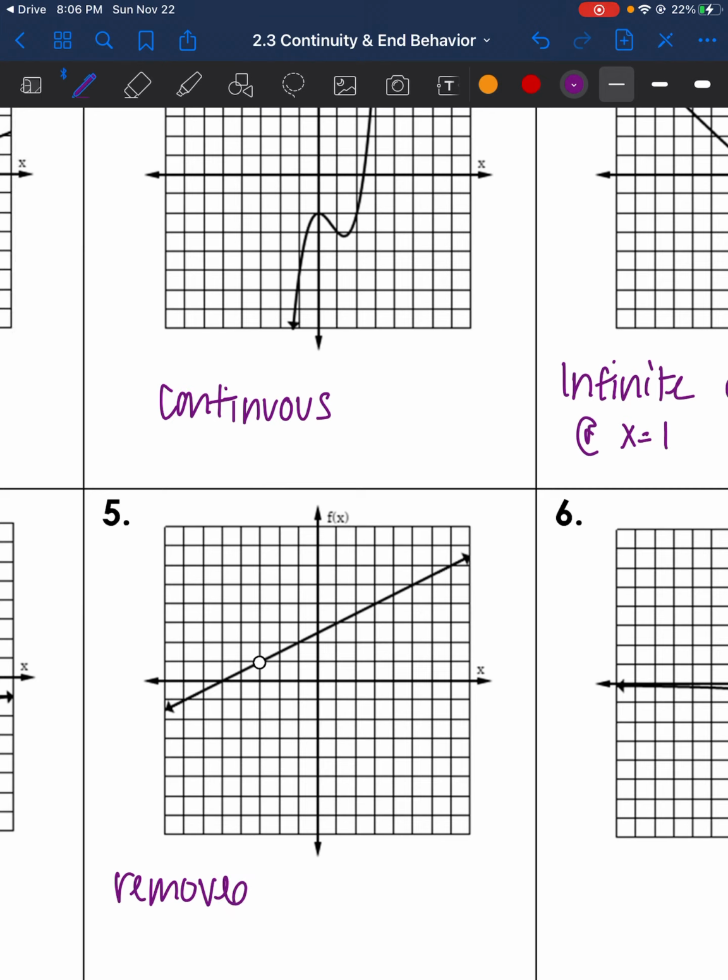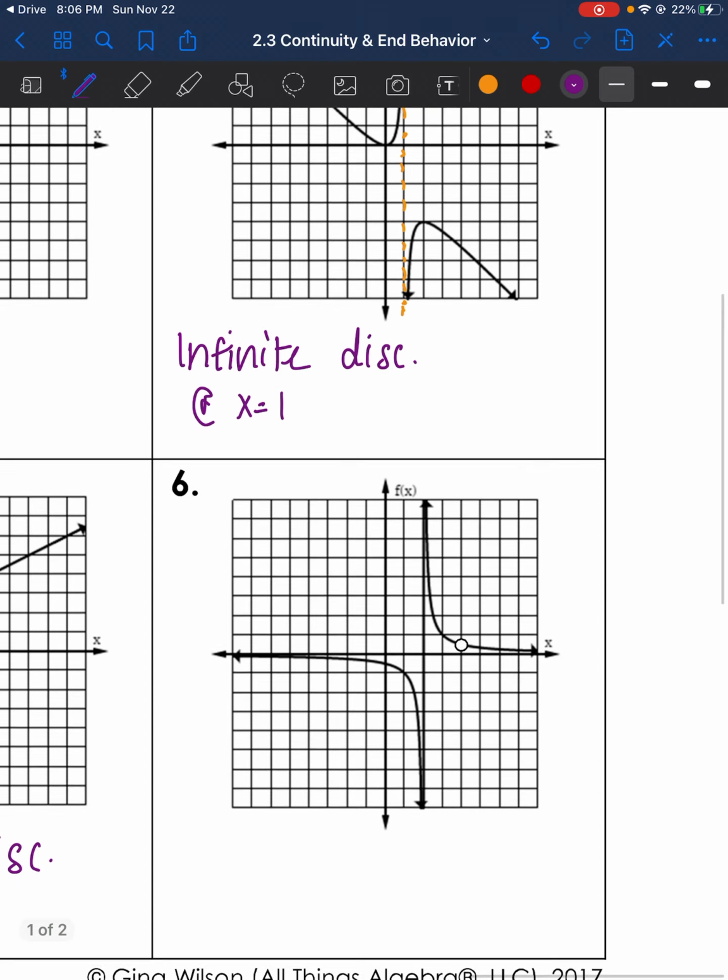Removable discontinuity at x equals -3. Again, we're giving x values for location.